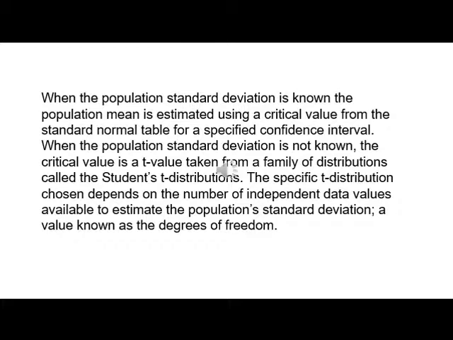When the population standard deviation is not known, the critical value is a t-value taken from a family of distributions called the Student's t-distributions. The specific t-distribution chosen depends on the number of independent data values available to estimate the population standard deviation, a value known as the degrees of freedom.